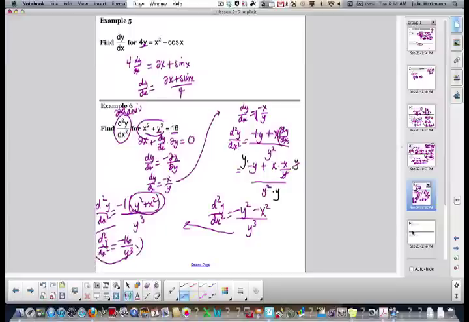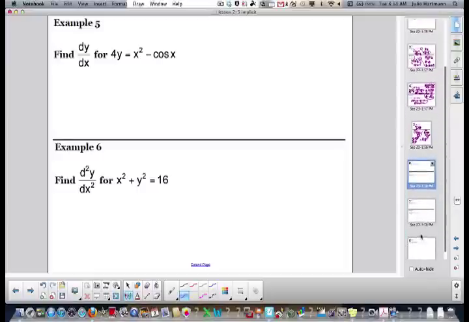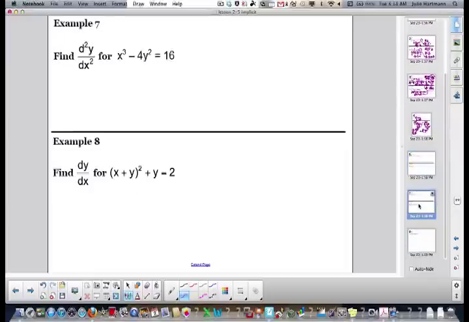All right. Let's see. I think there was one more I wanted to do. We did that one. This one right here. That's going to be similar to what we just did. This one, example 8, we have to use the chain rule.